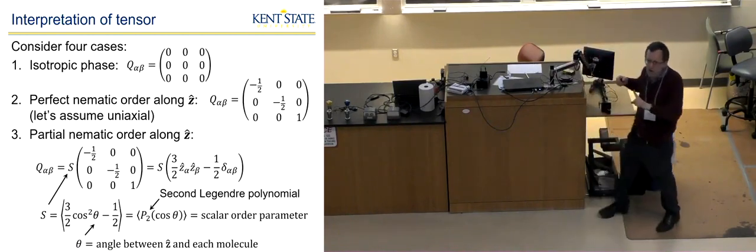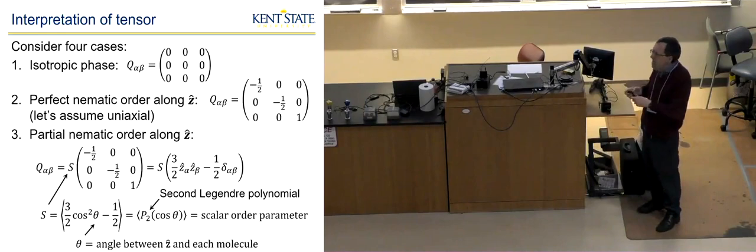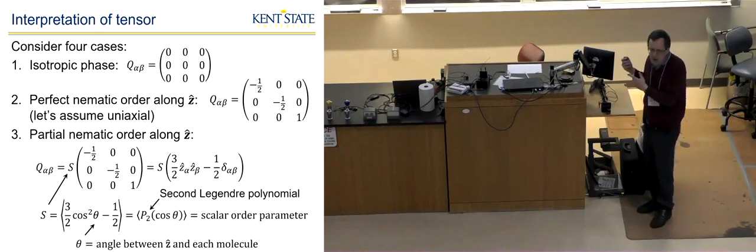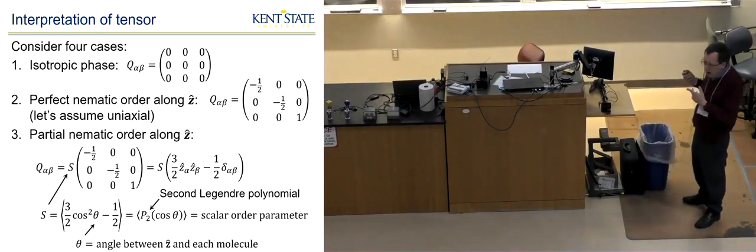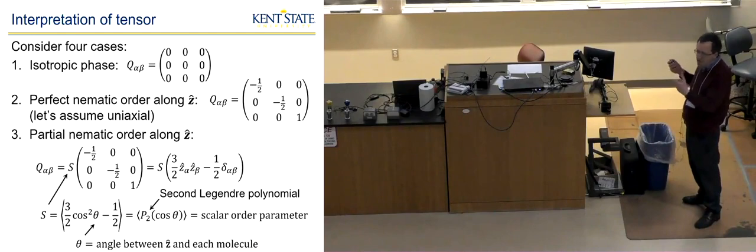That shows how well the spins are aligned. Here is the analogous thing for liquid crystals, showing how well you have these vectors aligned along the z-axis.